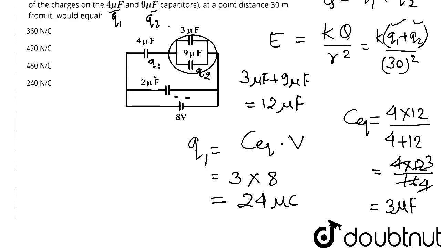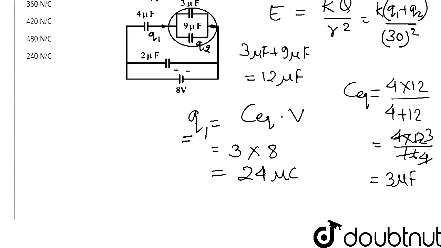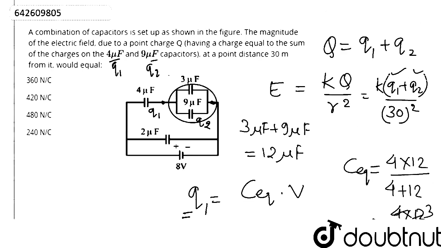Now we have Q1, so we have to find Q2, the charge on the 9 microfarad capacitor. This charge is distributed in direct ratio of the capacitances, 3 microfarad and 9 microfarad.